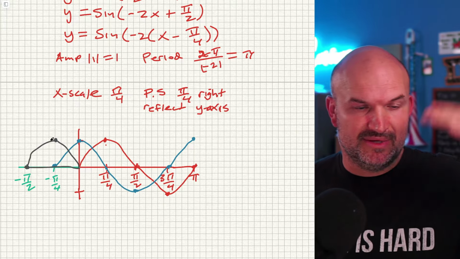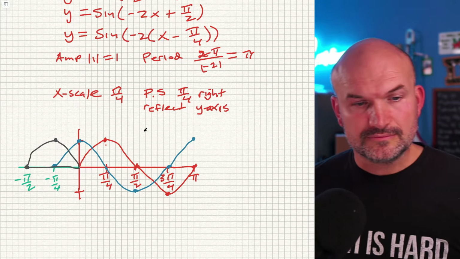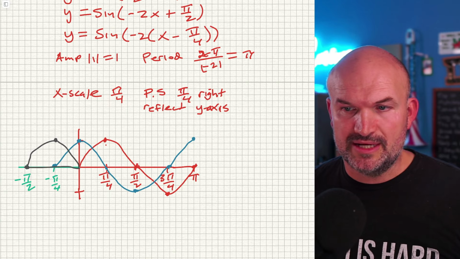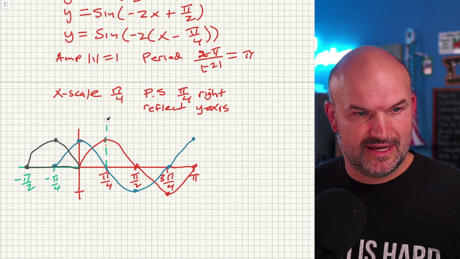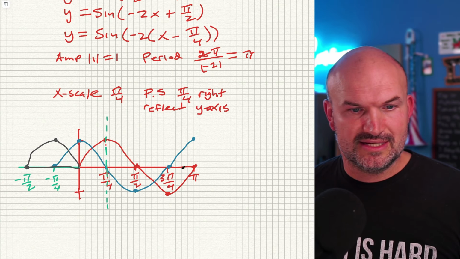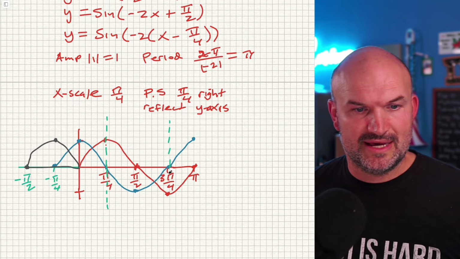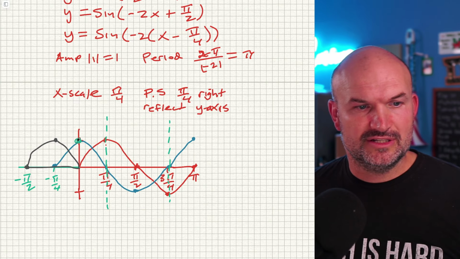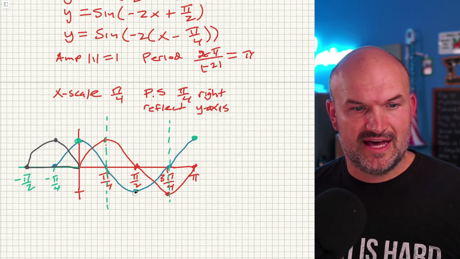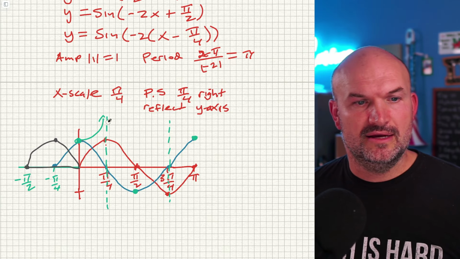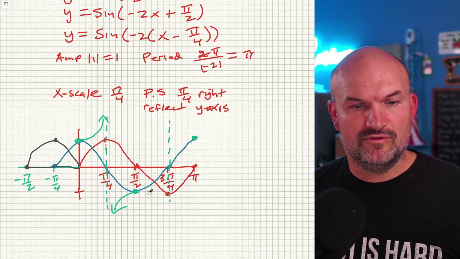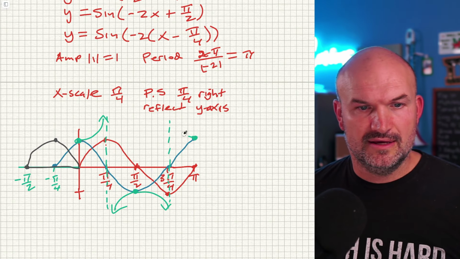Okay, so again, that gave me the reflection, which I shifted over. So now let's go into our green, which is going to be our final answer. So we're going to have a vertical asymptote at this x-intercept and a vertical asymptote at this intercept. Then again, remember, it's going to share these values for your max and your min, and then it's always approaching your vertical asymptotes like this and like this.